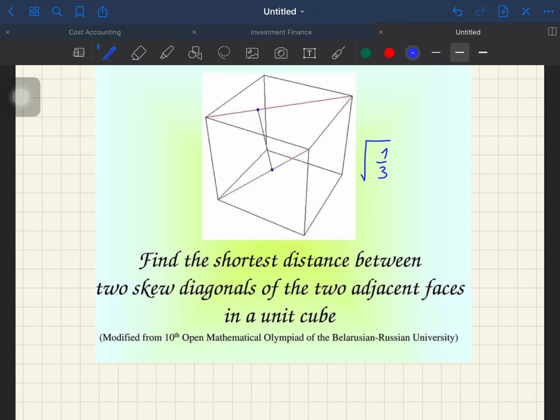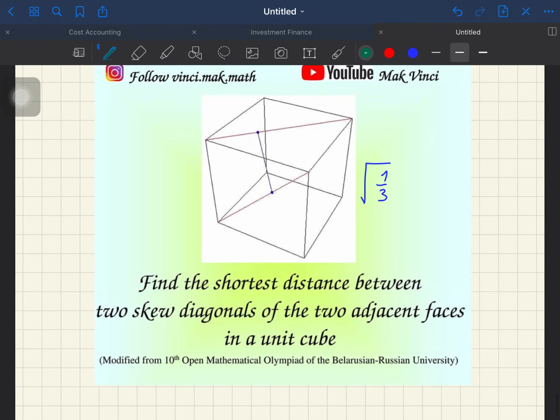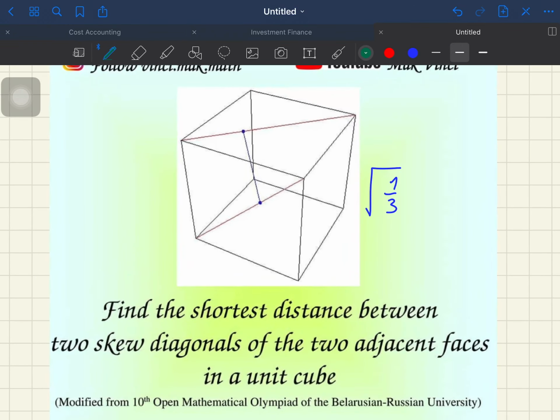So I'm going to tell you how you get this answer. You have two skew vectors, which are the diagonals of one side of the cube, as you can see. These are the two vectors, R1 and R2.